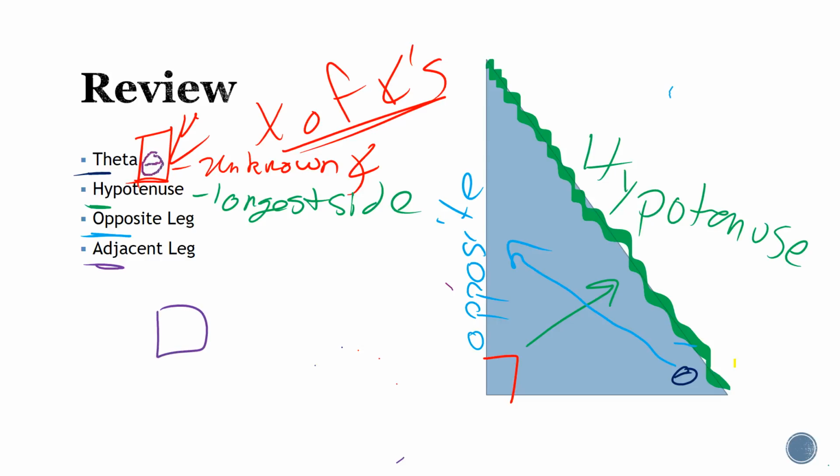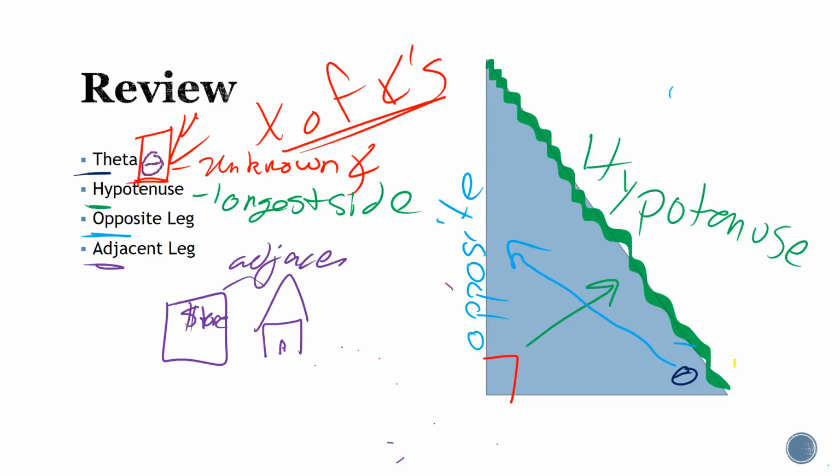So you'd have the Walmart, or you'd have the store right here. There you go, store. And here's your house. Nice tall roof. Door. You are adjacent, meaning next to. So adjacent is always next to.